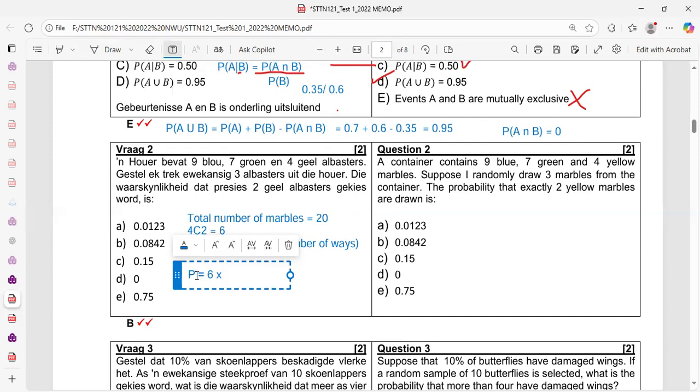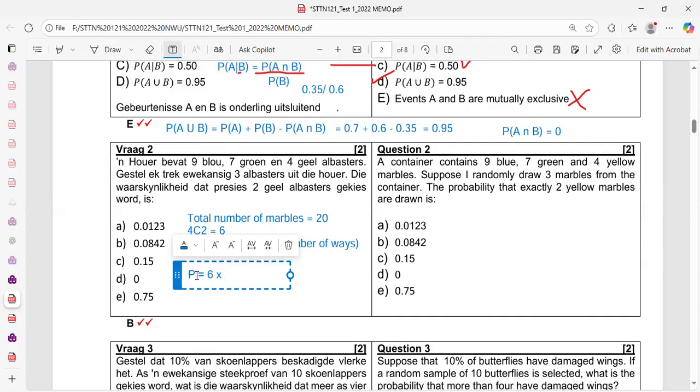Guys, you need to be careful of this. We set it for combination 2 and we got 6.